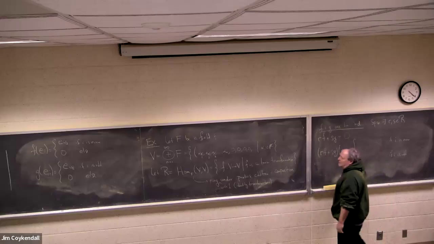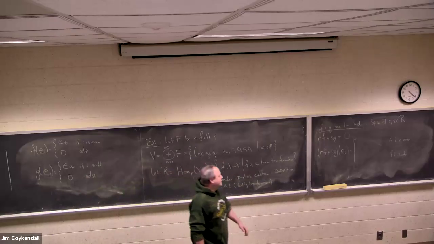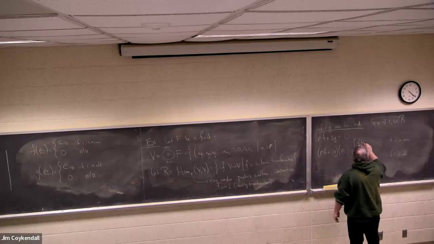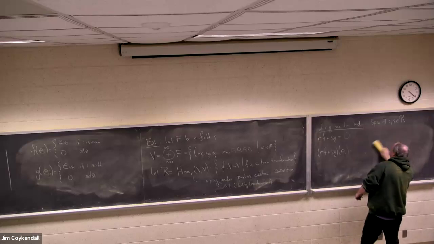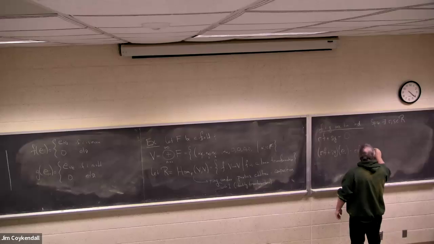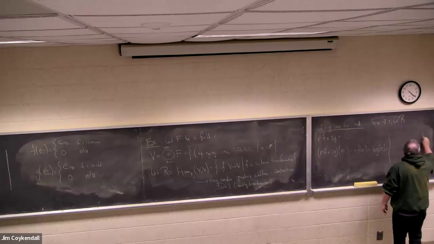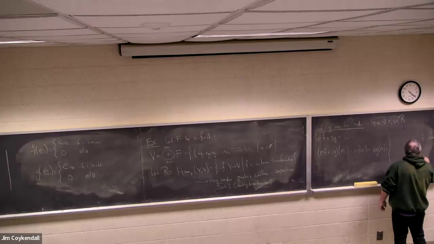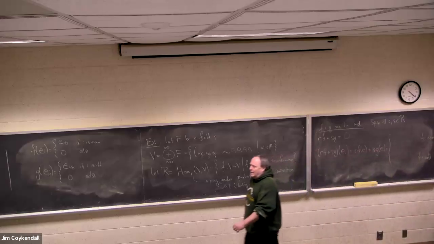When I plug E_i into G, since i is even, that's 0. So this is rF(E_i) plus sG(E_i).